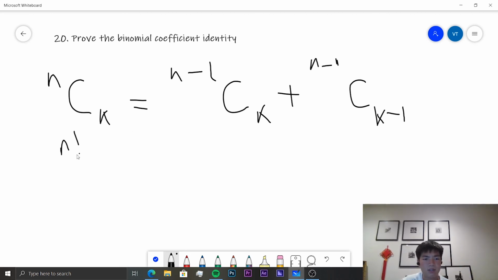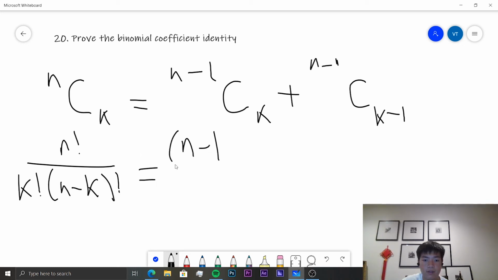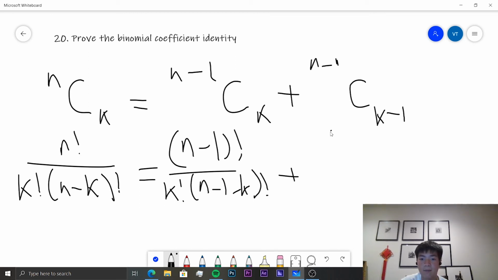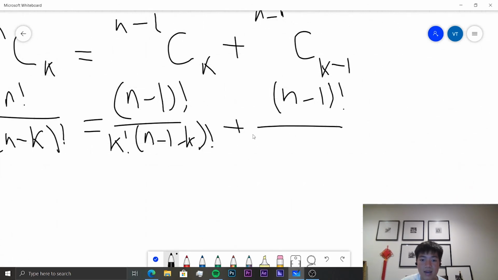So I guess what we would do is write this out in factorials. n over k factorial (n minus k) factorial is equal to (n minus 1) factorial over k factorial (n minus 1 minus k) factorial plus (n minus 1) factorial over (k minus 1) factorial times (n minus k) factorial.